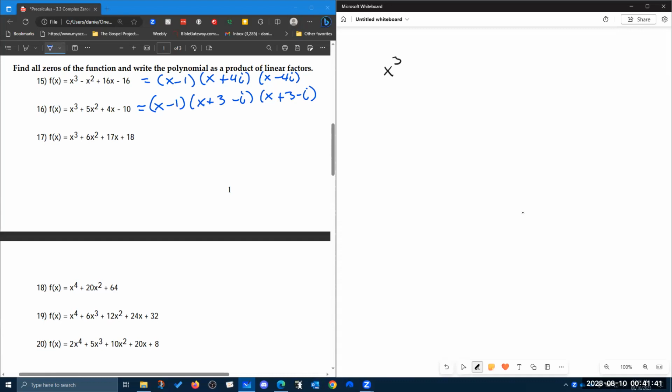Now we're going to work on x cubed plus 6x squared plus 17x plus 18.